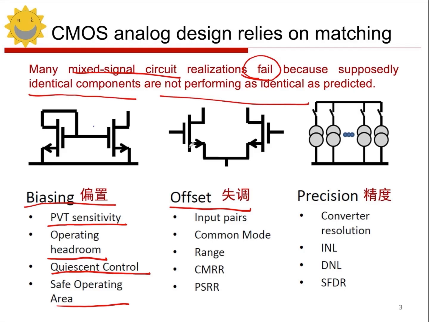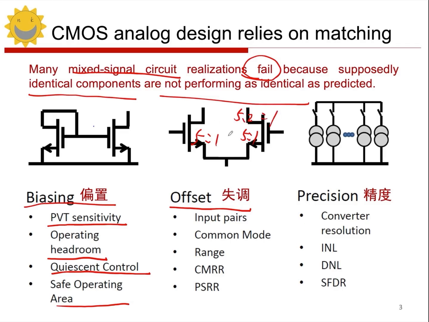In practice, after processing, the characteristics of the transistors in the integrated circuit won't be exactly the same. Even if we design these two transistors to have the same characteristics, for example, both having a width to length ratio of 5.1, they won't be perfectly identical after fabrication. It's very likely that the transistor on the right, for example, has a width to length ratio of 5.2.